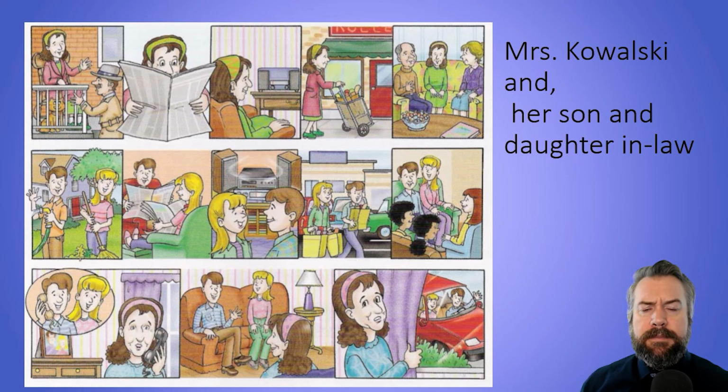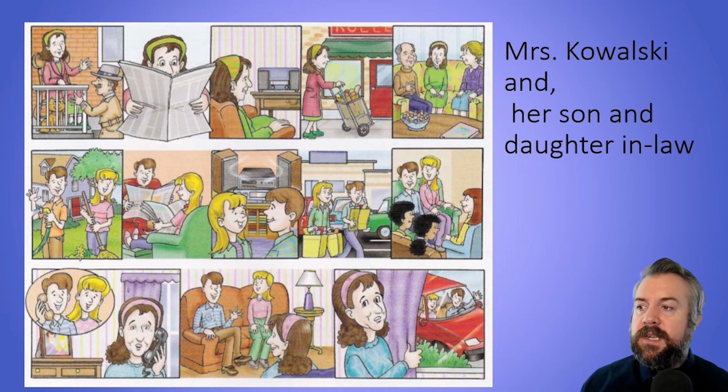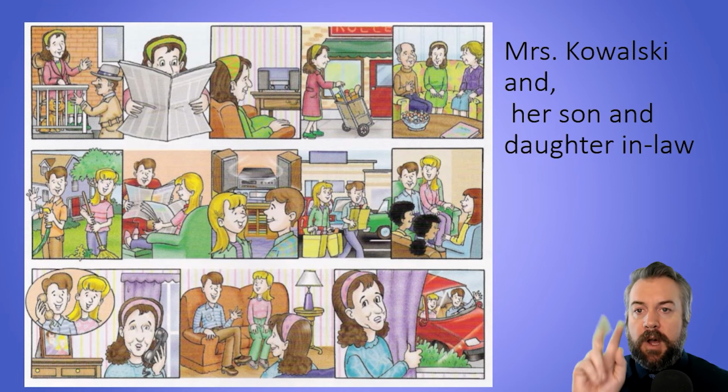Looks very similar in pattern to the previous story of the Dicarlo family. But this time, the mother is single. It's Mrs. Kowalski and her son and daughter-in-law. So the parent is singular, but the children are plural.